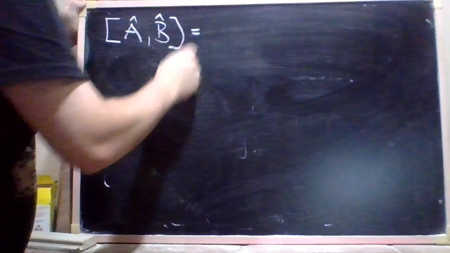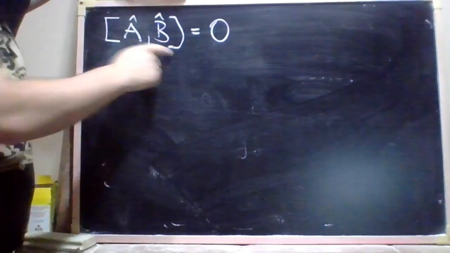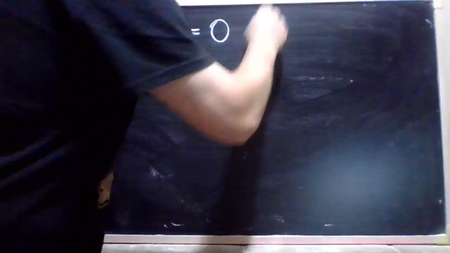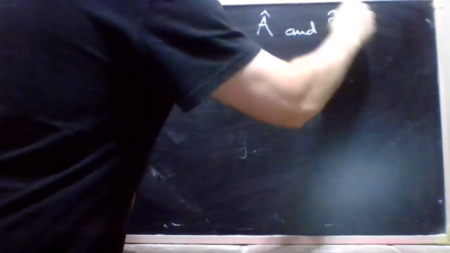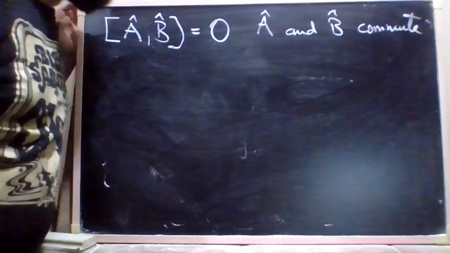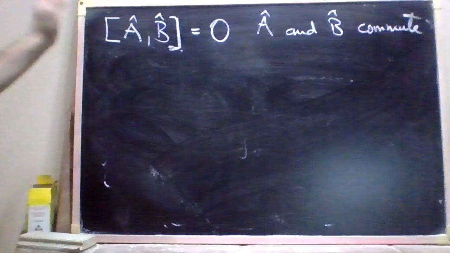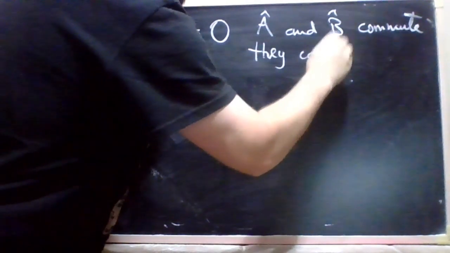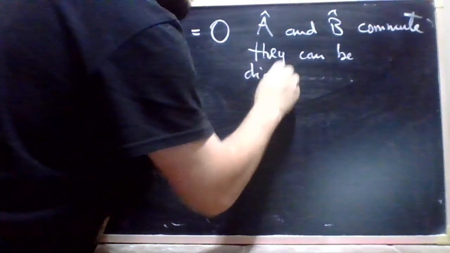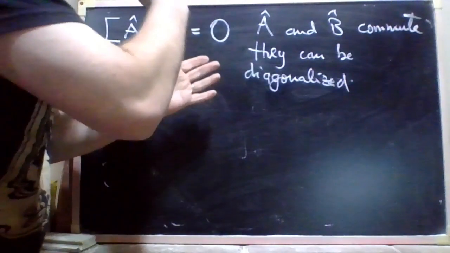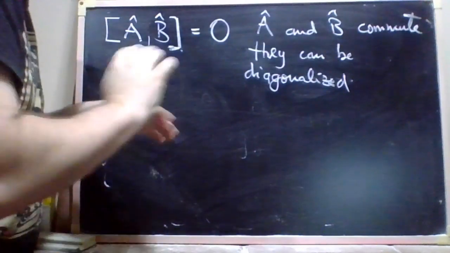And in general, for two operators A and B, if they are commuting operators, if the commutator of the two operators gives you zero, it means A and B commute with each other. In this case, if two matrices commute, they can be diagonalized, which means put in a diagonal form, with all the eigenvalues in the main diagonal and all the other entries zeros, all right?